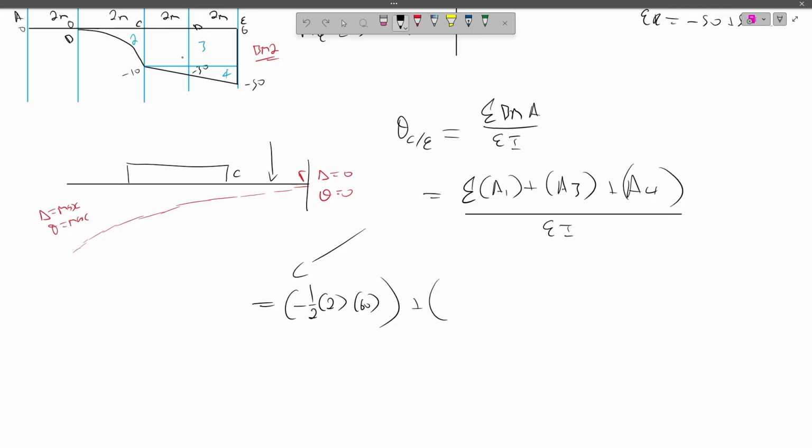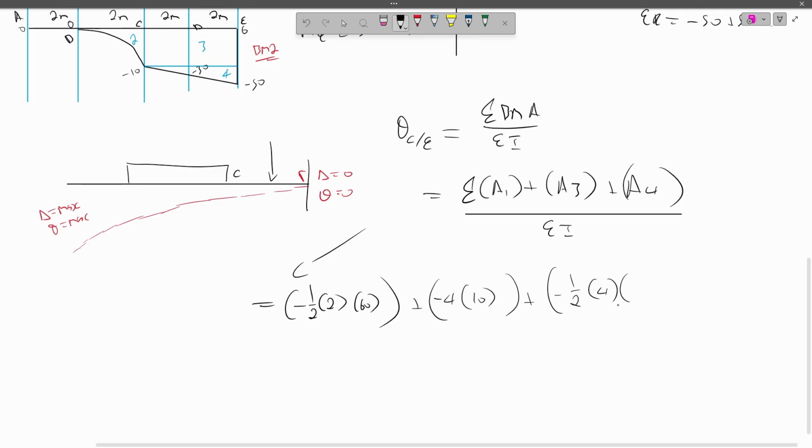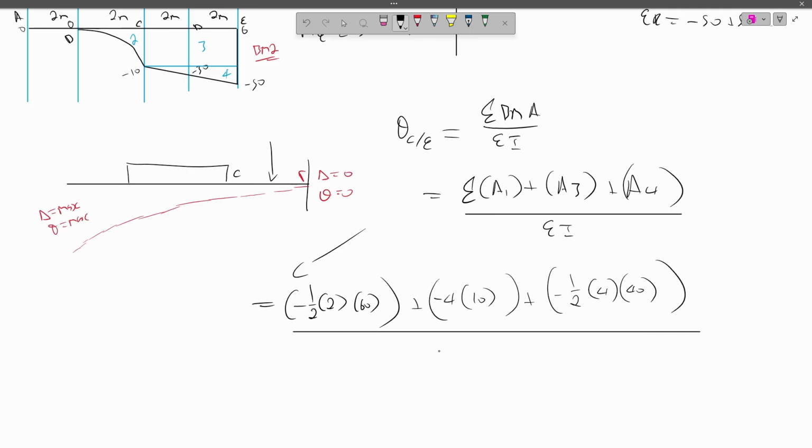Our A3 is the full rectangle, so it's going to be 4 times 10, plus minus 1 over 2, 4 times 50 minus 10. Everything divided by EI.